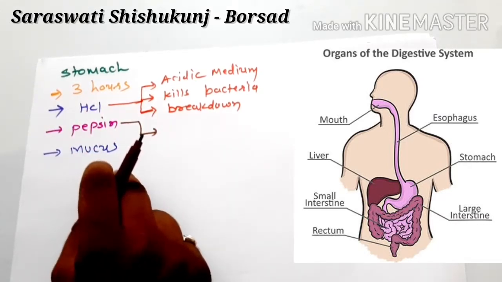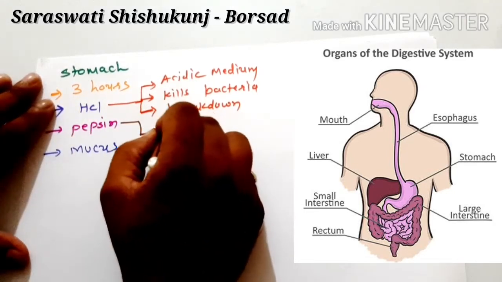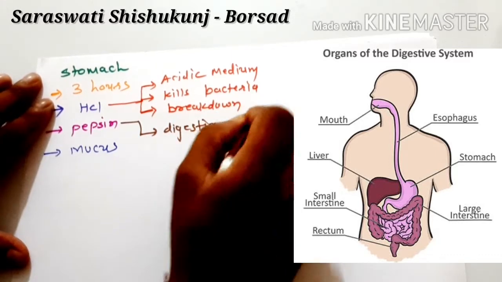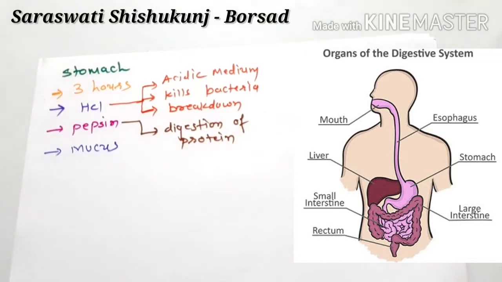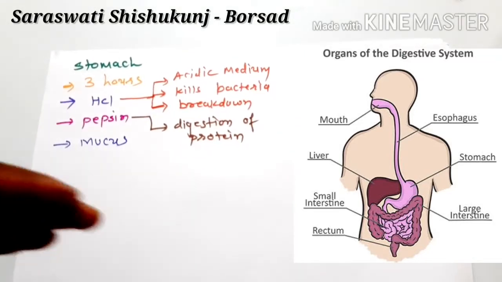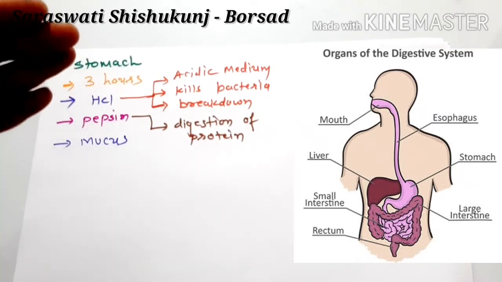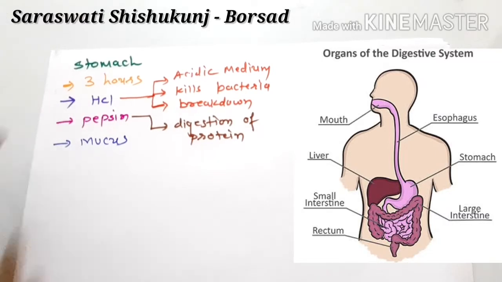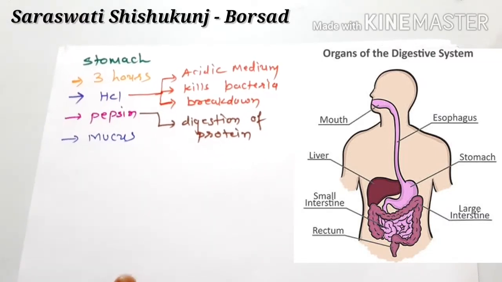Due to that pepsinogen, the pepsin enzyme will be used in the digestion of protein. The pepsin enzyme is used for digestion of protein. So in the stomach, our digestion of protein will start.